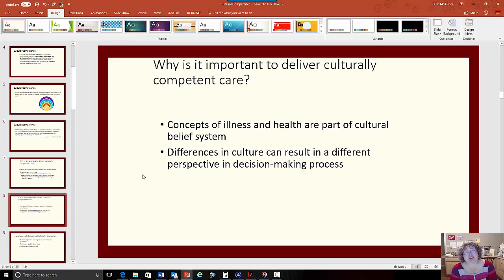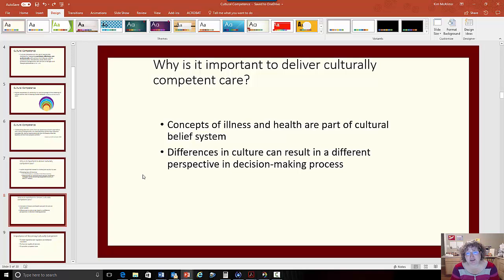It's very important to understand what your patient's concept of health and illness is. Health and illness has a big impact on what people see as what is ill, what is their goal. We may have some self-imposed views about goals and health, and we just make assumptions that our patients are trying to achieve the same thing.